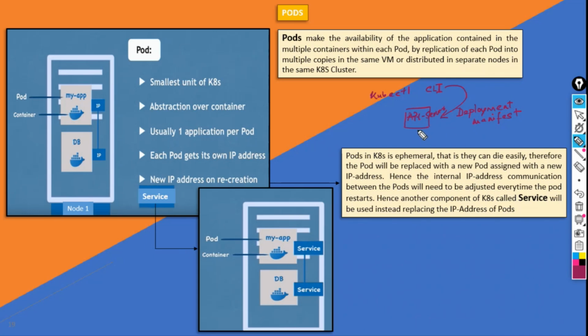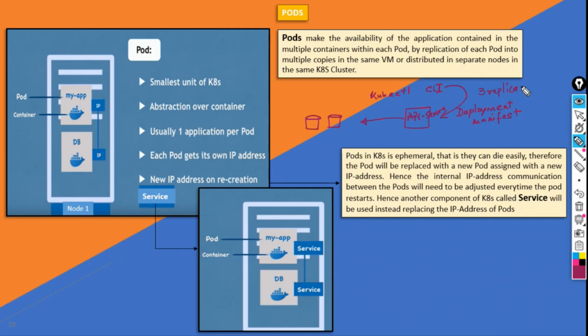And that will produce what? This is the process, and that will produce what? When you execute the deployment manifest file, it will produce a replica set of pods. Let's say this deployment file has 3 replicas of a particular application or a pod.